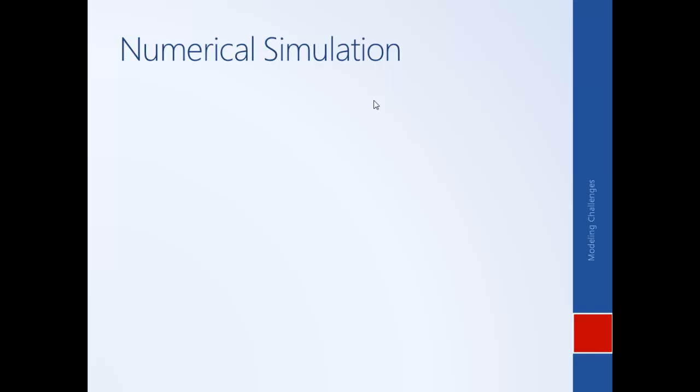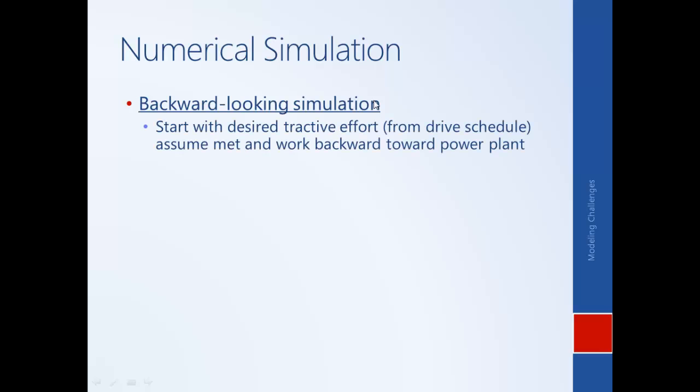At this point, we will also discuss ways to structure your simulation, in particular for larger systems. And so one way to structure your simulation is what we will call a backward-looking simulation. The way that this type of simulation is structured is you start with the desired tractive effort, for example, from the drive schedule.